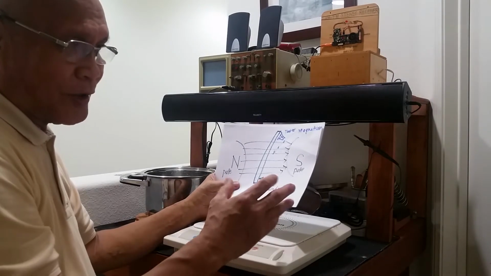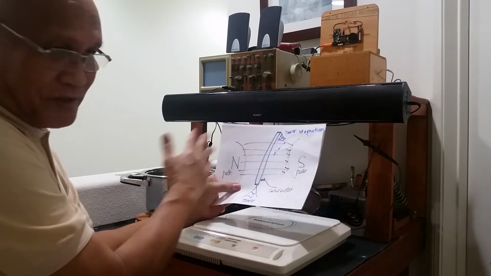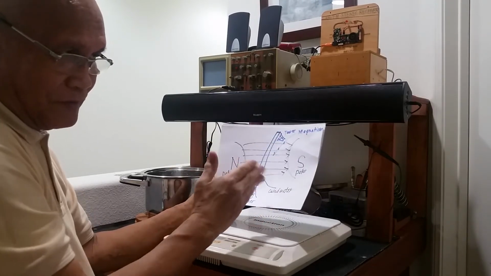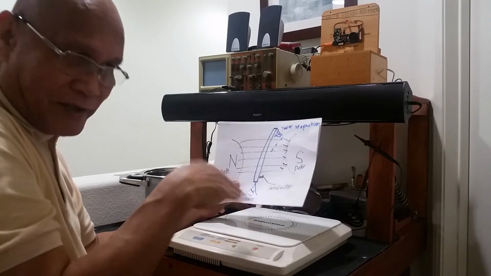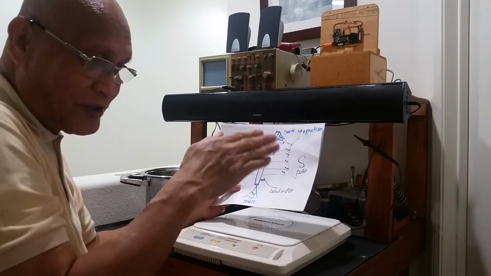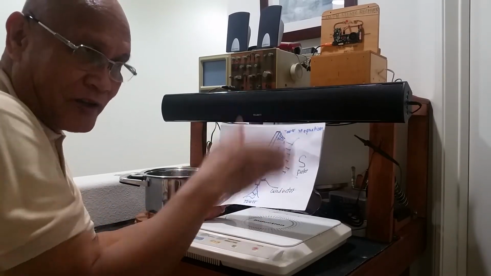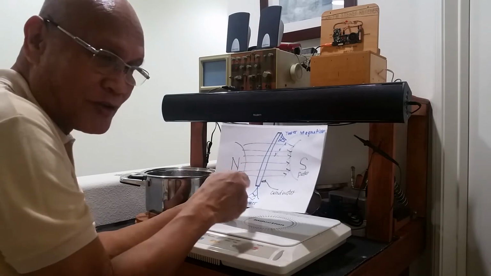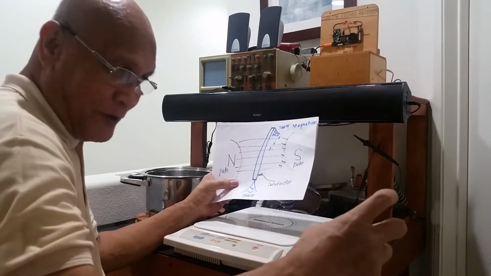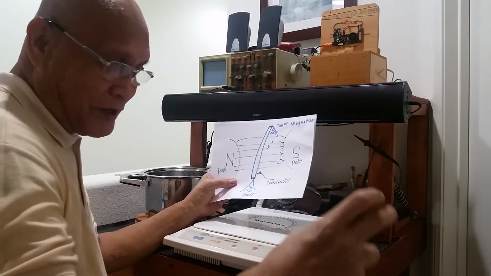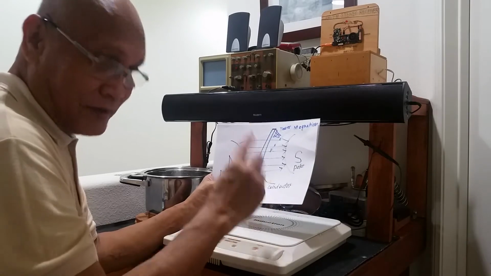For a generator, the magnetism is steady. It's not moving. The one moving is the armature of the generator. It will rotate, so it will cut the lines of force. As it cuts the lines of force, there should be an induced voltage on the winding of the generator. So if you measure the voltage across its terminals as it rotates, there is a voltage.